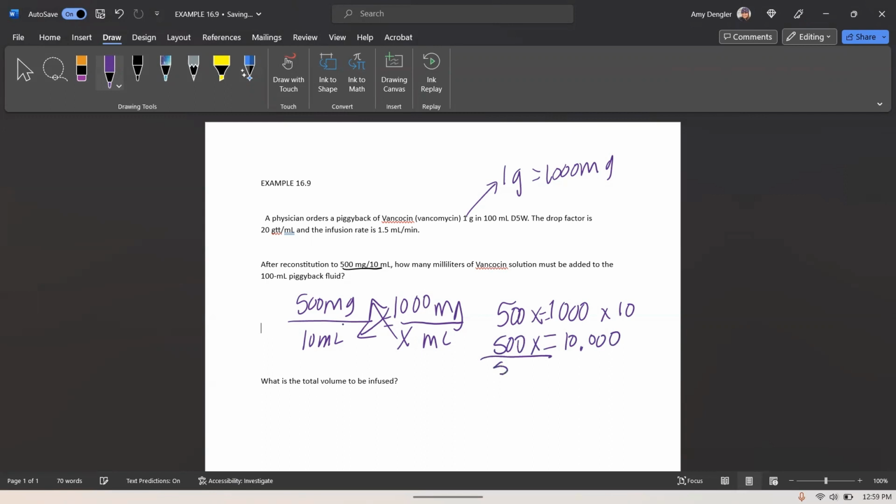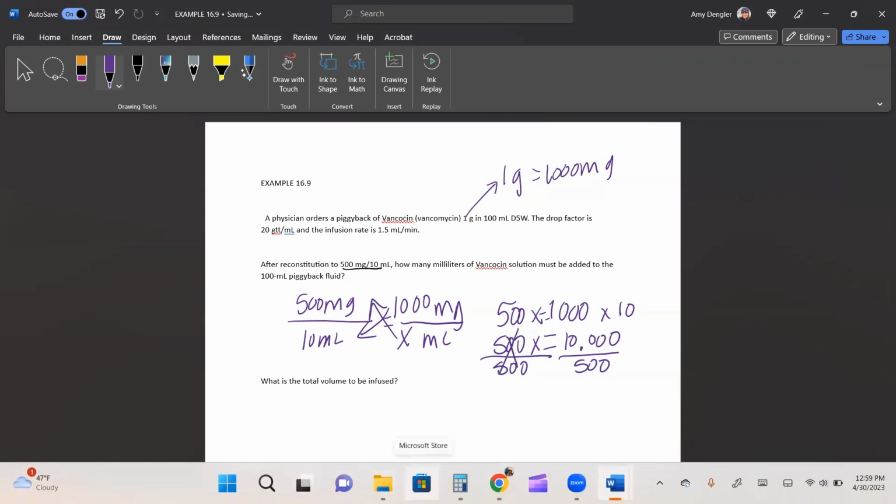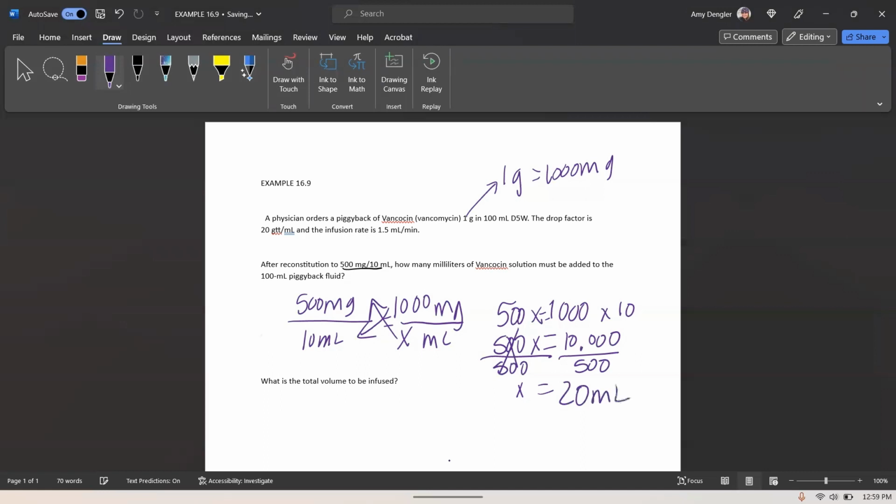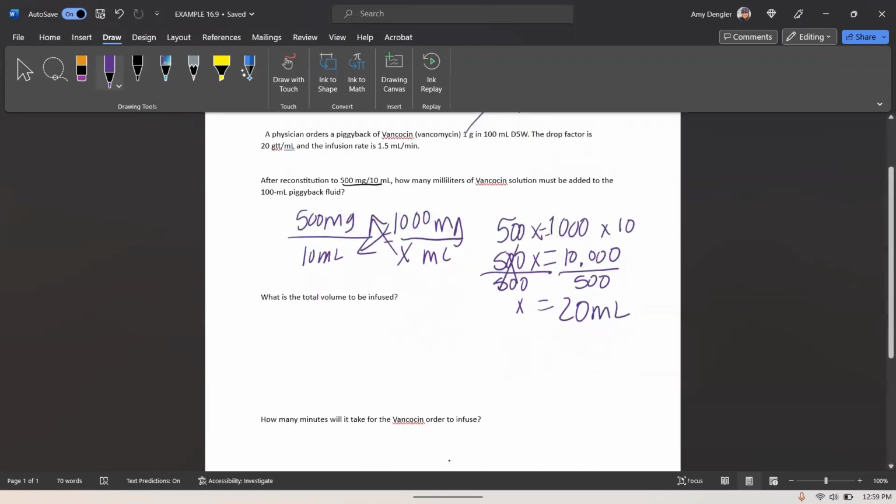We want to get x alone. So we need to divide both sides by 500. So that crosses off. I just have x. And then 10,000 divided by 500 is 20. So 20 ml of vancomycin solution should be added to the 100 ml piggyback fluid.